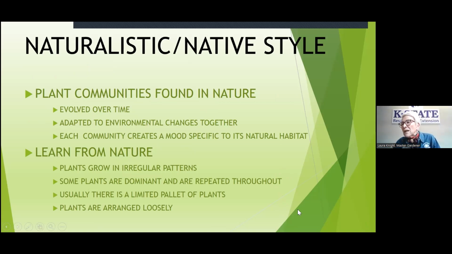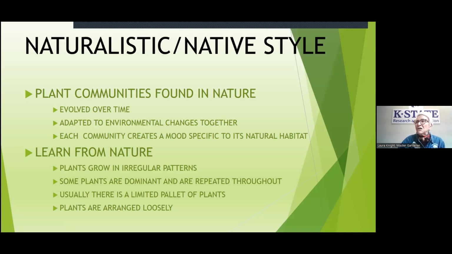When we say woodland, we have an idea in our brains what a woodland looks like, or a jungle, or a prairie. And also, when we go to a natural area to see gardens, we know that we're going to see irregular patterns.